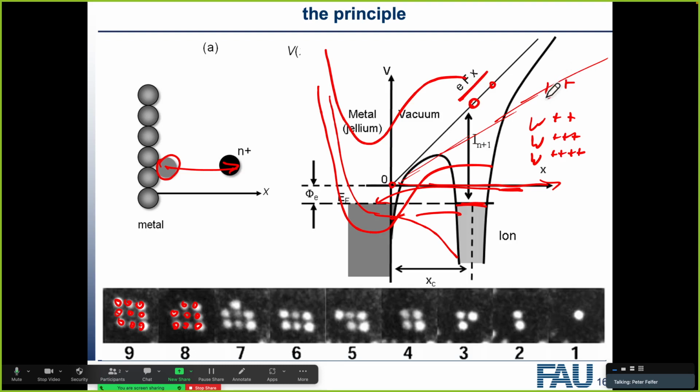And if you have higher temperature and lower field, then the distance will get longer and the tunneling probability will get smaller. So if we have higher temperature, either because we measure at higher temperature or because we use laser and high laser energy, then the lower charge states we will see.